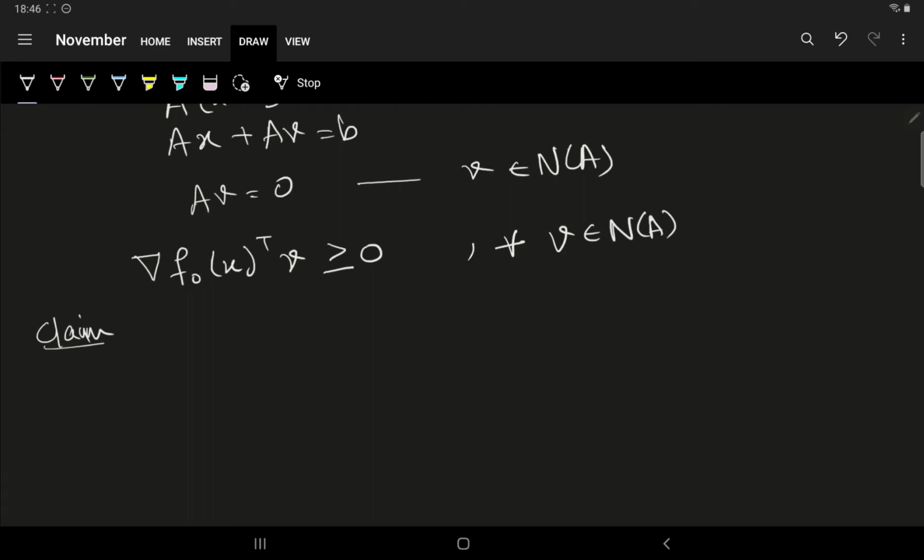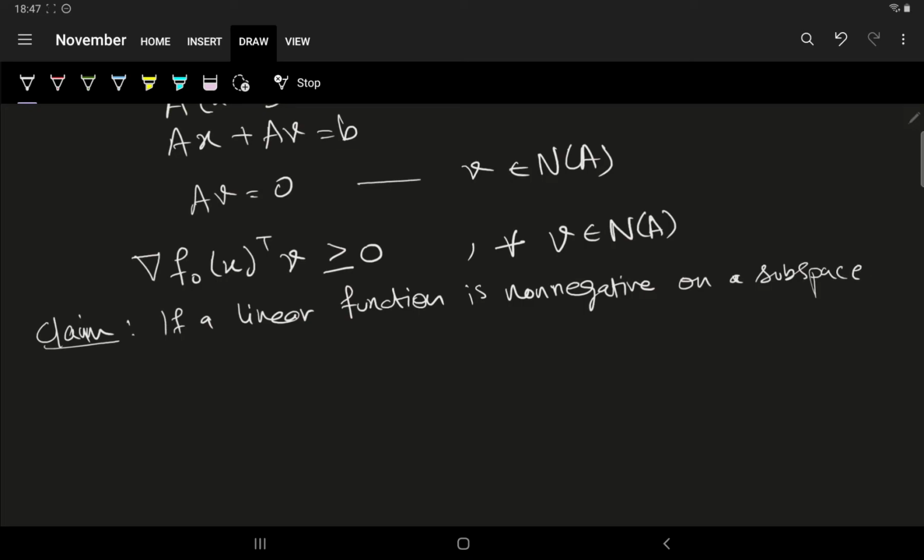And here is a claim: if a linear function is non-negative on a subspace, then it must be 0 on the subspace.